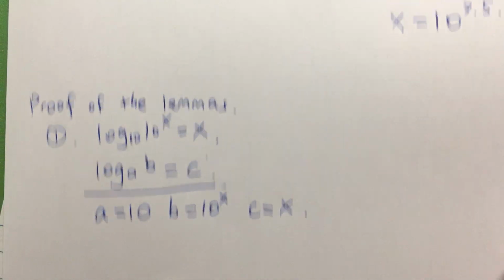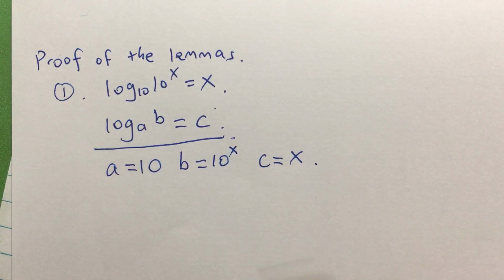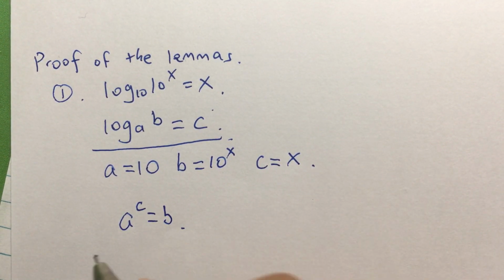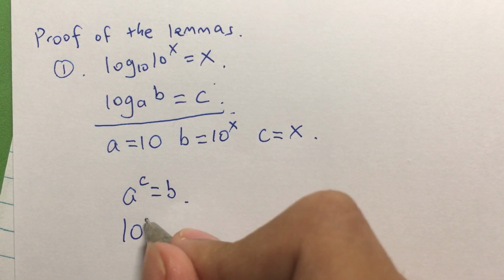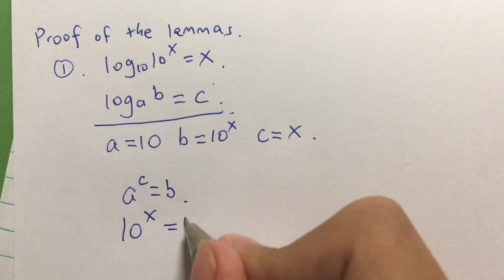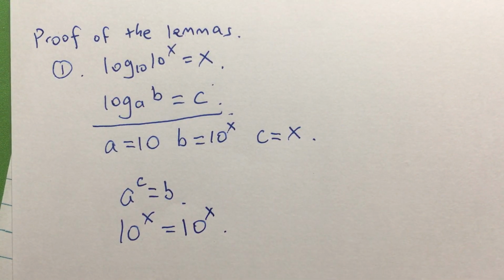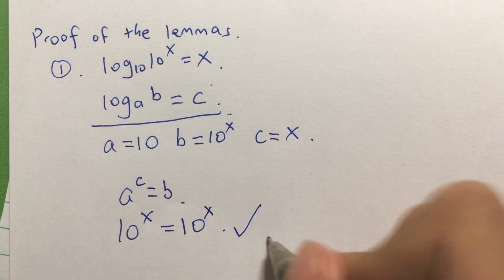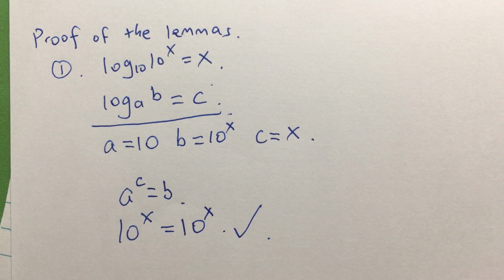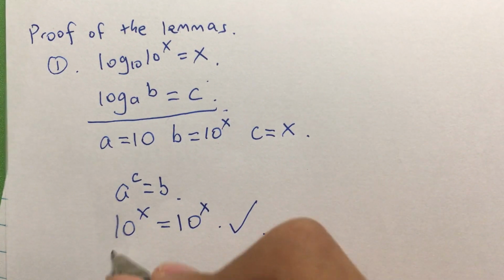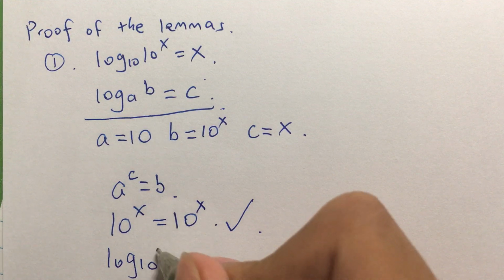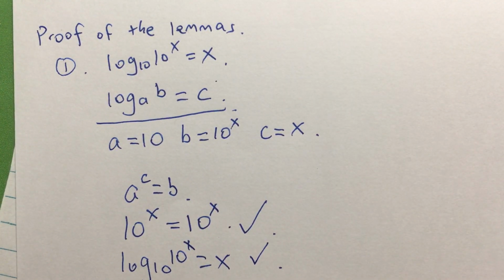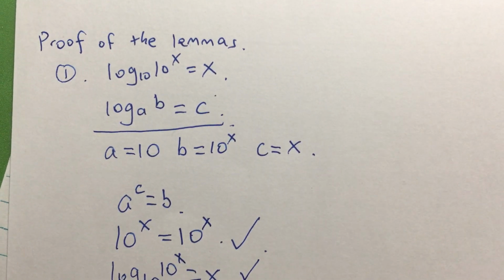So let's do the same thing again, which is a to the power of c equals b, which means 10 to the power of x equals 10 to the power of x, which is correct. That means log base 10 of 10 to the power of x equals x is always true. And we finish the first lemma proof.